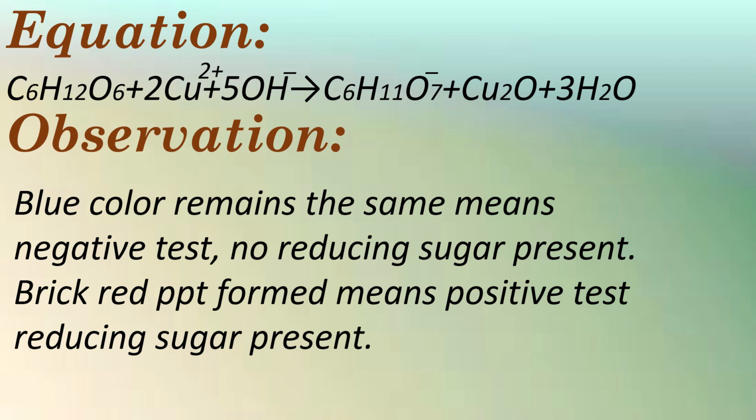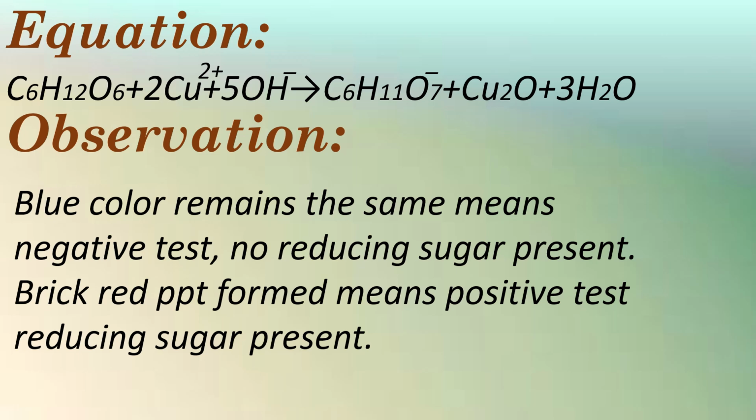Equation. This test is for reducing sugars. I am taking an example of glucose. The molecular formula of glucose is C6H12O6, plus Fehling's A containing copper sulfate. We write here Cu2+ because copper is in the +2 oxidation state, plus 5OH-, that is a strongly basic medium, produces C6H11O7-.